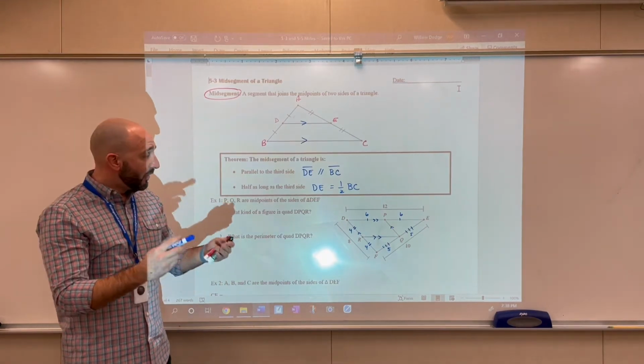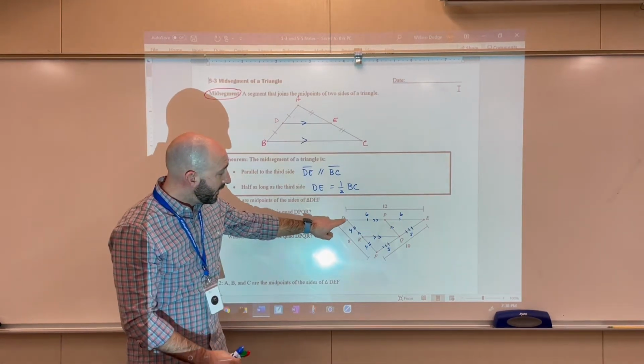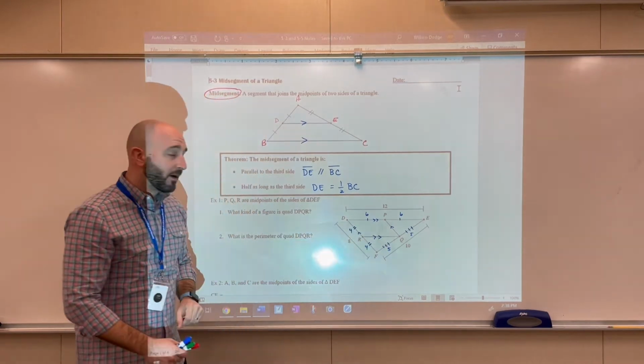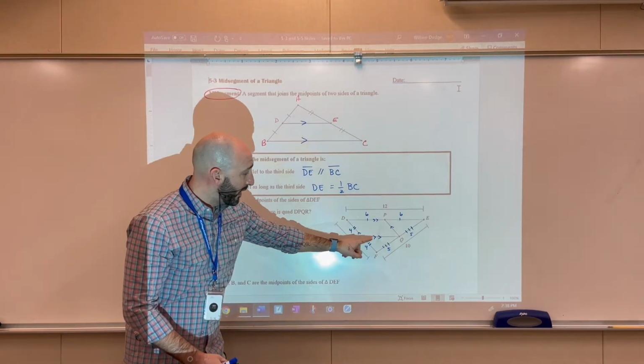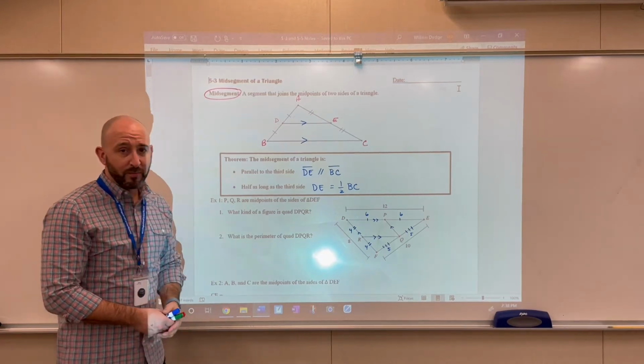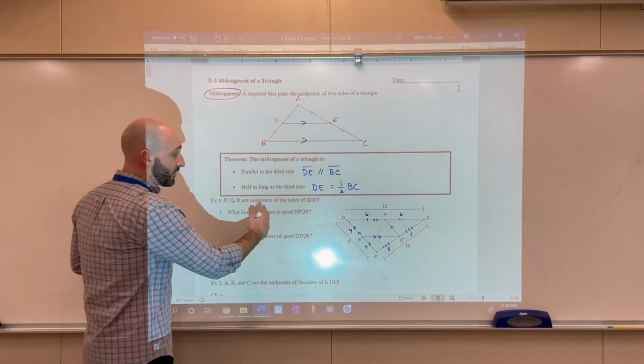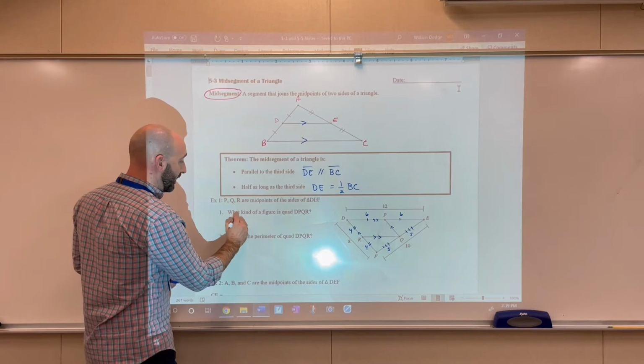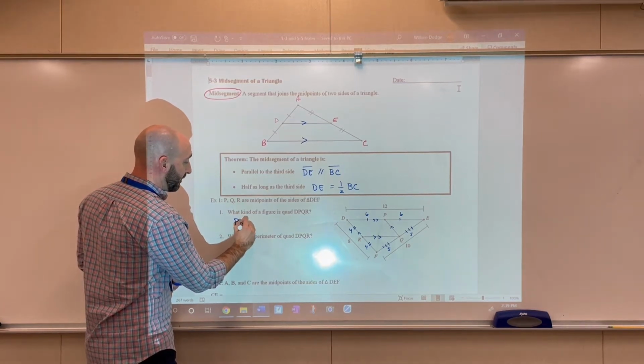Now, what we should be noticing here is that DPQR has 2 pairs of parallel opposite sides. So the answer to problem number 1 would be quadrilateral DPQR is a parallelogram.